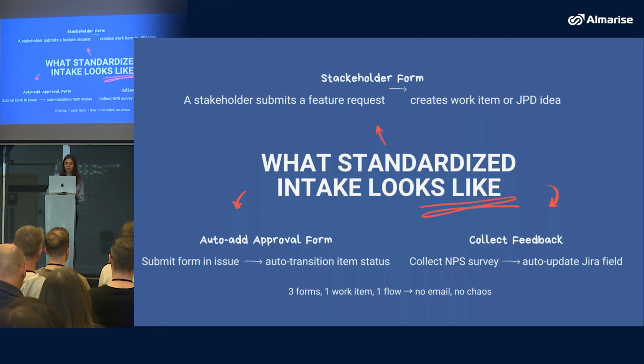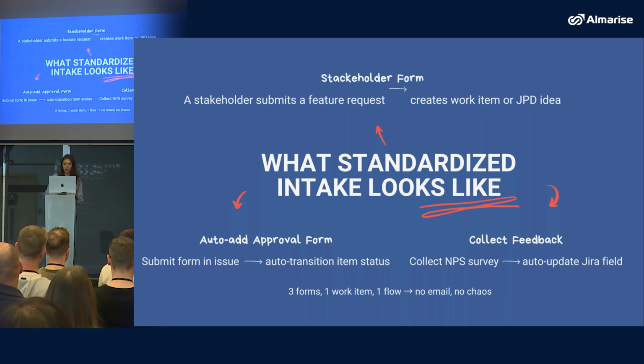And here you can see how it can look in action. Let's say that a stakeholder submits a feature request using Smart Forms for Jira. It can create a Jira issue, or it can create a Jira Product Discovery idea with all fields mapped to the corresponding fields of your selection.